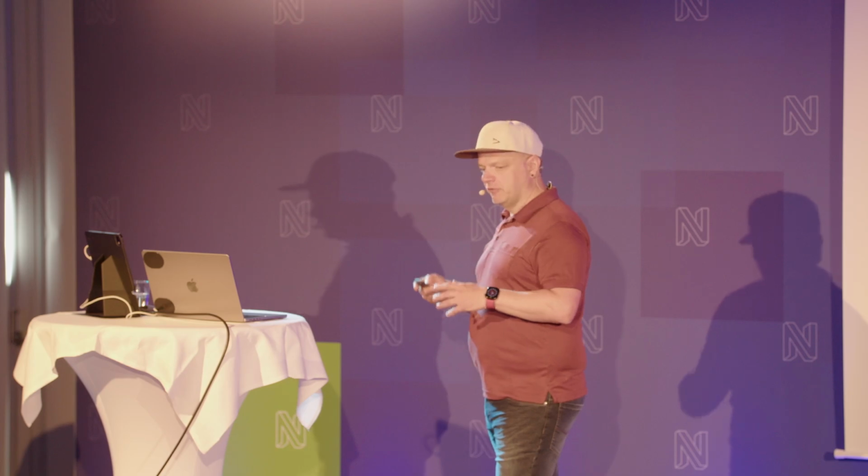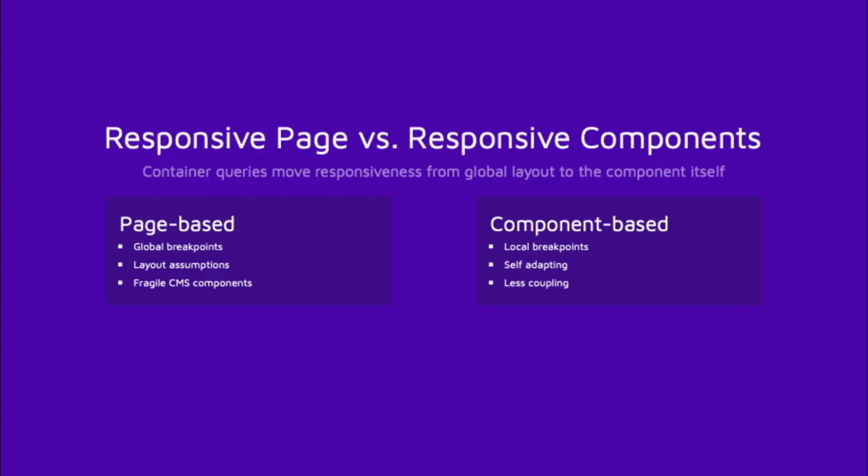So page-based, you have global breakpoints, you have layout assumptions, and you have fragile CMS components, because you always have to say, now you are in this grid, now you are there, and this breakpoint, and it's a lot of work. But if you can work component-based, you have local breakpoints, it's self-adapting, and you have much less coupling, it's just working. And it's such a time saver, really.